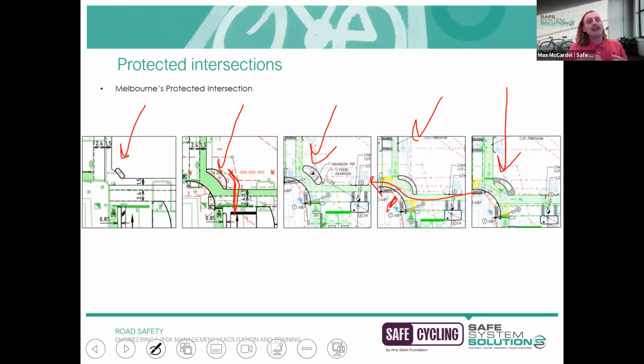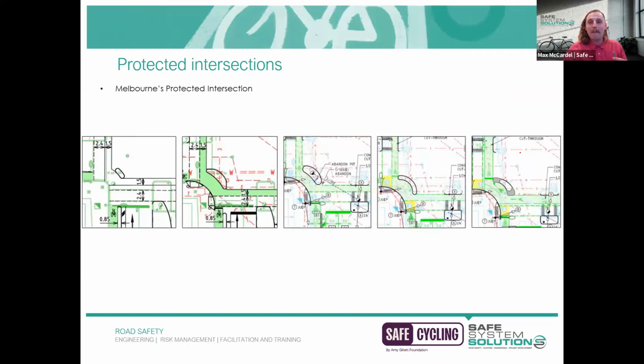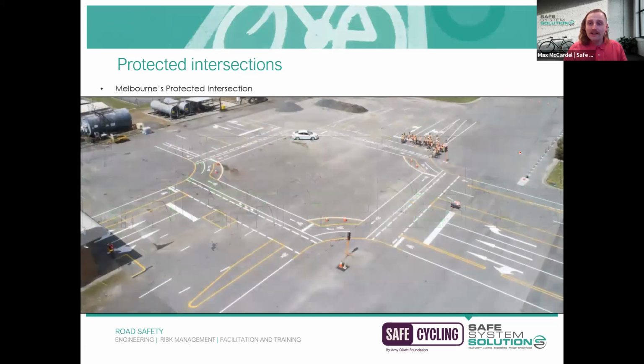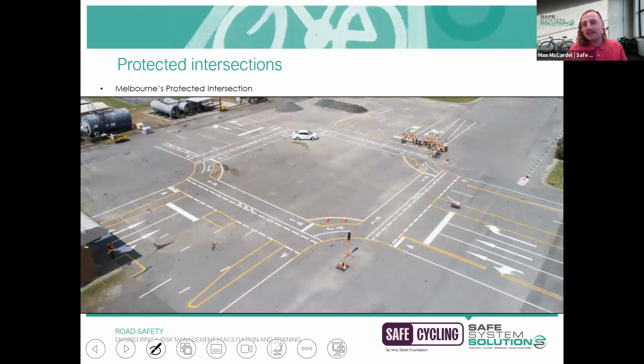So in order to get everyone over the line, what they decided to do was make a 1-to-1 scale mock-up of this intersection. So they completely line marked it in this off-road facility. This is in a depot, so there's no public access or anything like that, a completely controlled environment.